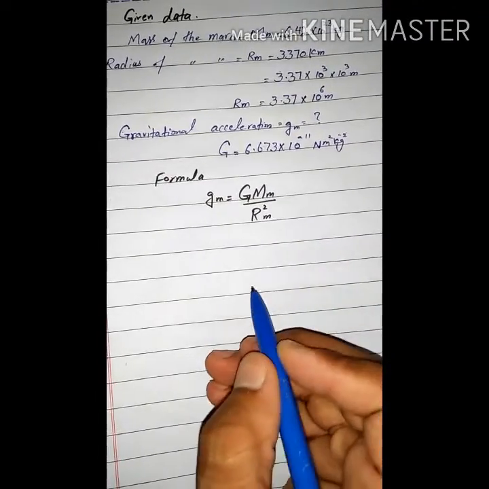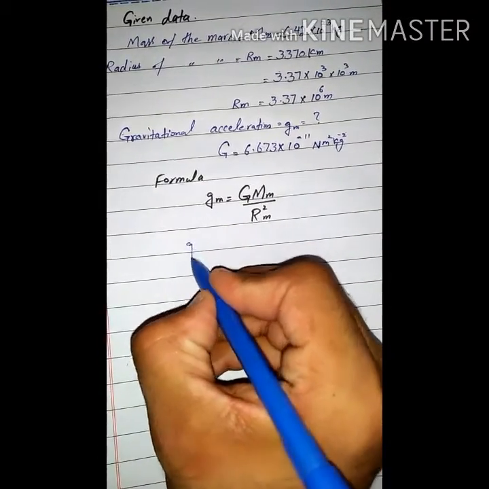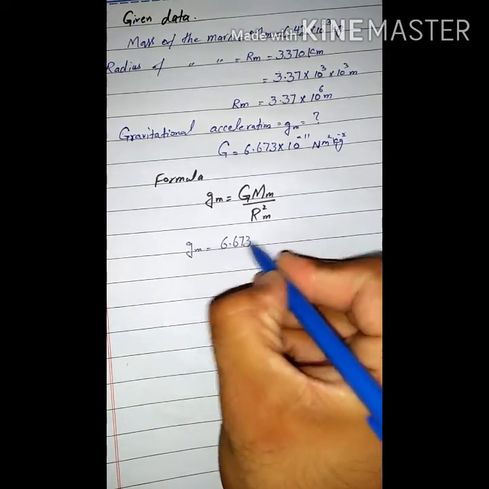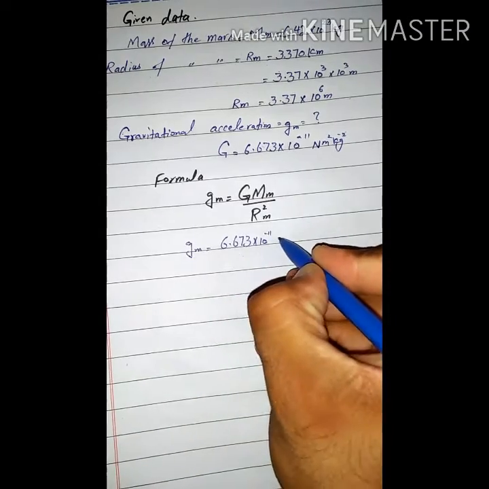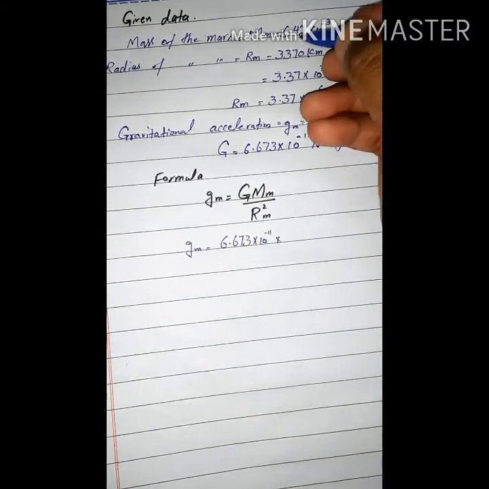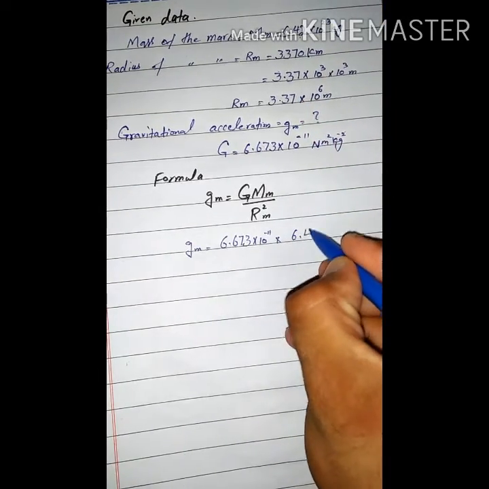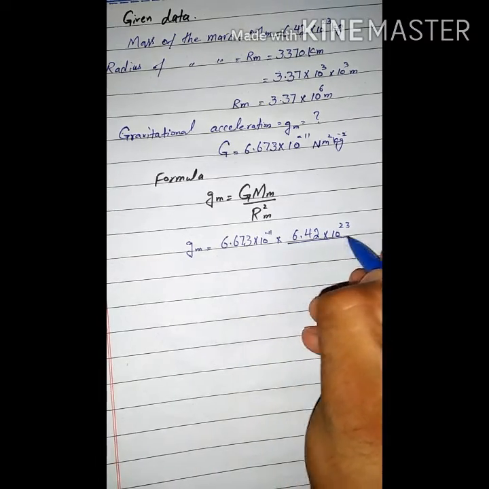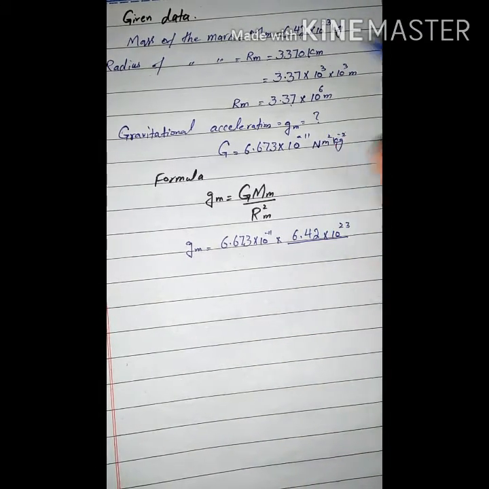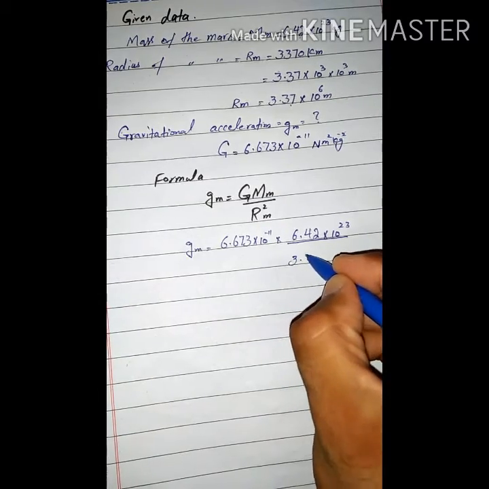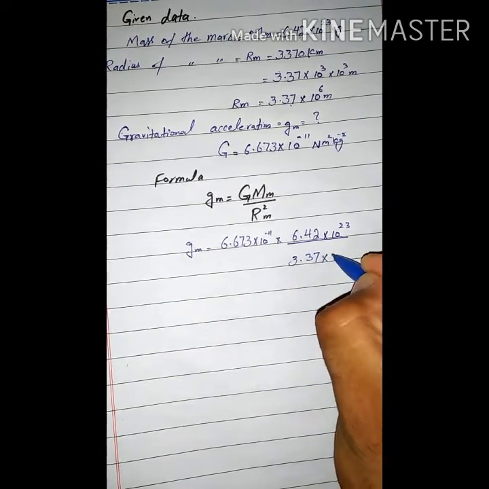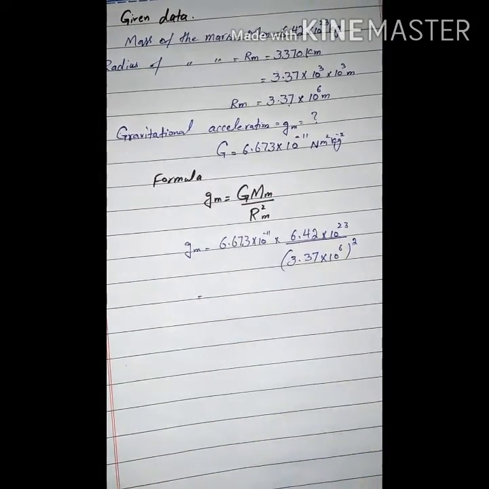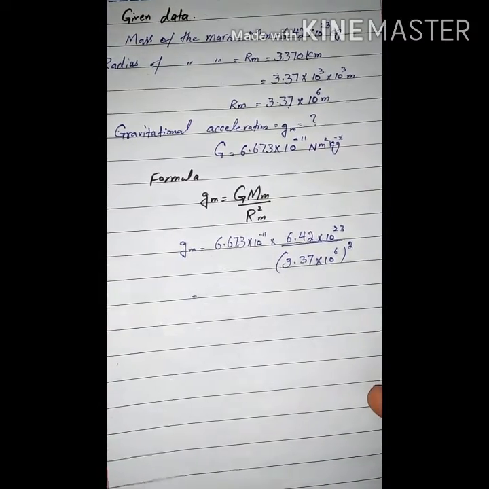Now we will put the values here. gm we have to find, and capital G value is 6.673 multiplied by 10 to the power minus 11 multiplied by mass of Mars, that is equal to 6.42 multiplied by 10 to the power 23, and that is divided by r square, that is equal to 3.37 multiplied by 10 to the power 6 whole square. Okay, now first we can solve the tens powers.